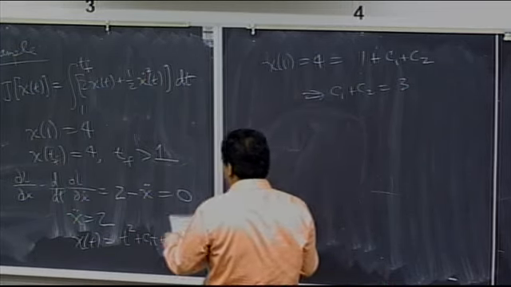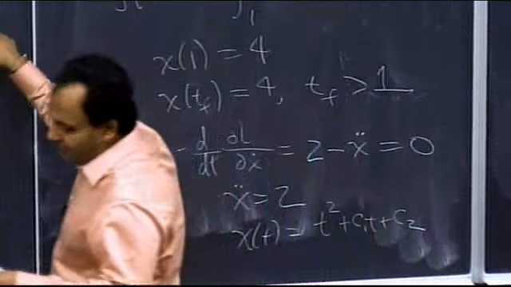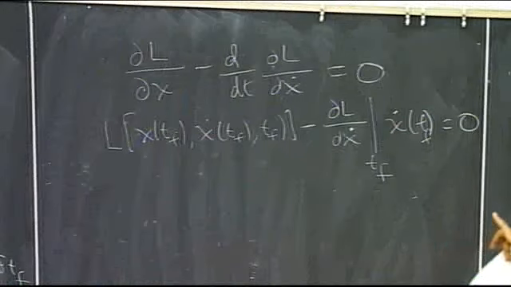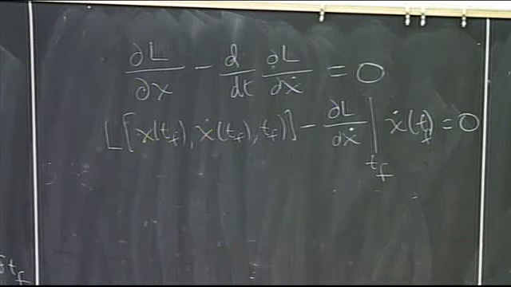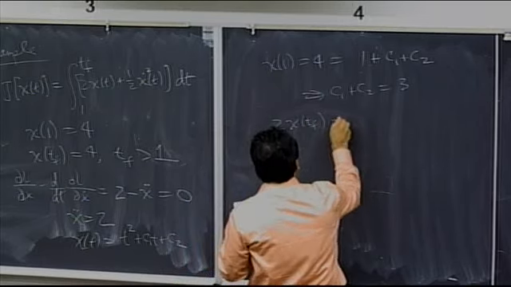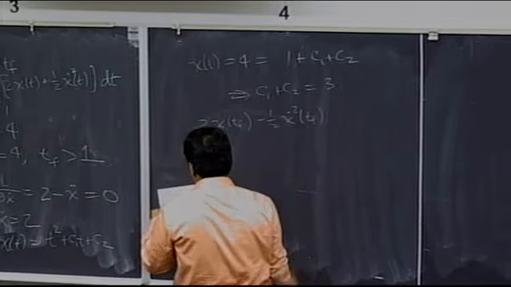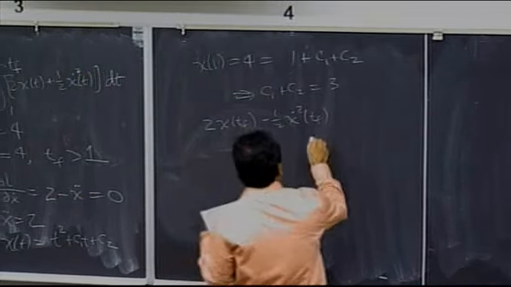The other equation comes from the boundary condition that you apply at the final time. If you apply that boundary condition, you get the following: 2x of tf minus 1/2 x dot squared of tf, and that equals what?